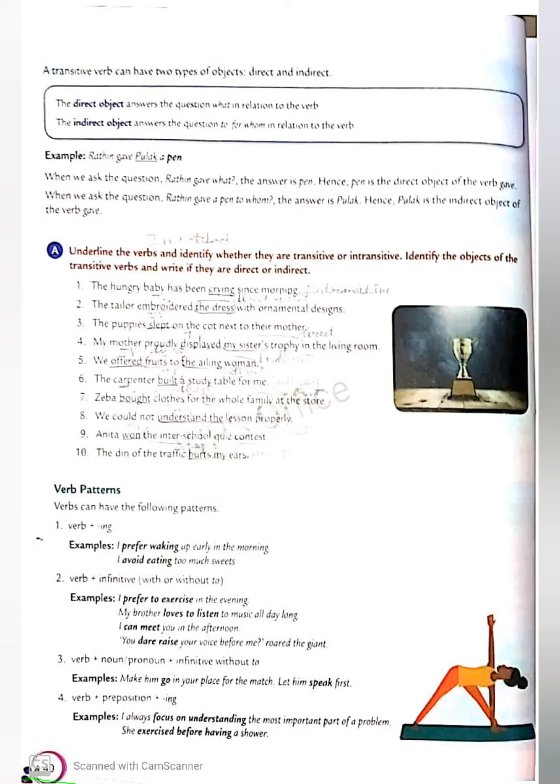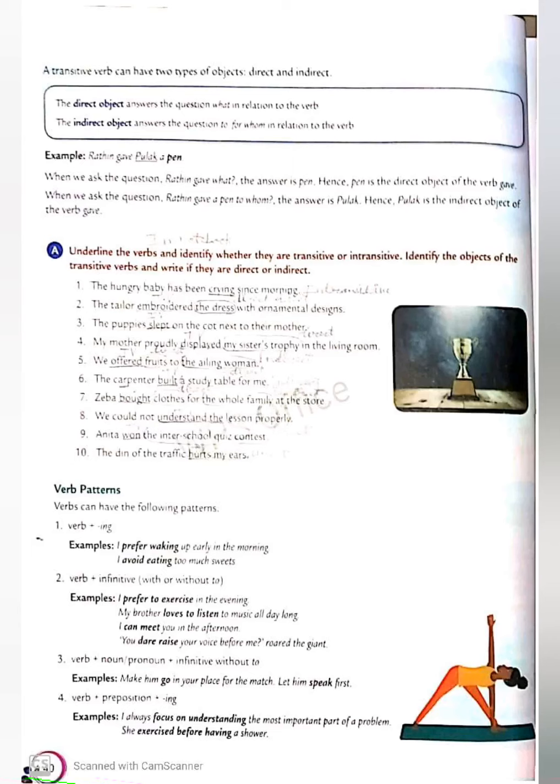For more examples, you can say let him speak, let me call you, let Rama speak to her. So here Rama, him, me, these are nouns or pronouns. This is a pattern which you can use while you speak.